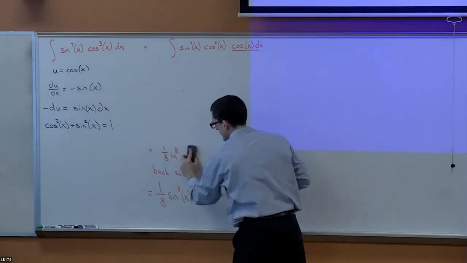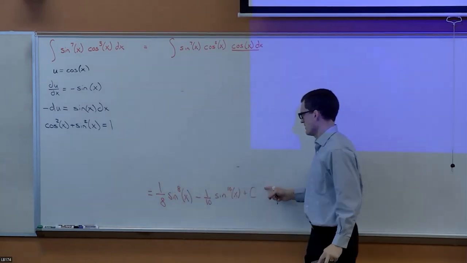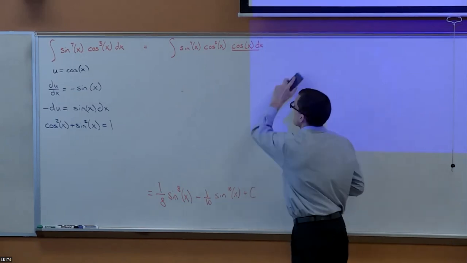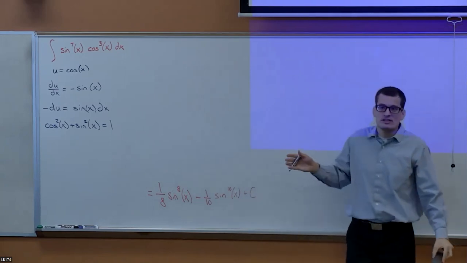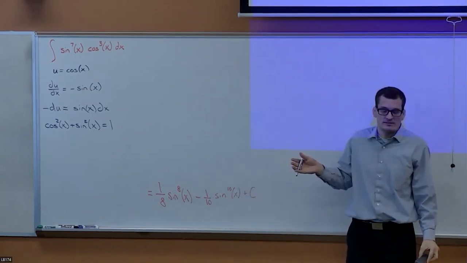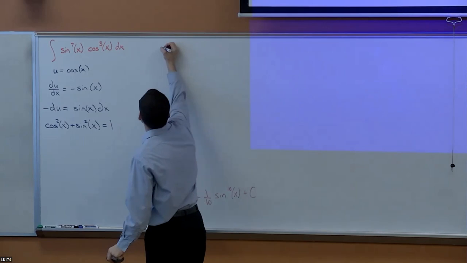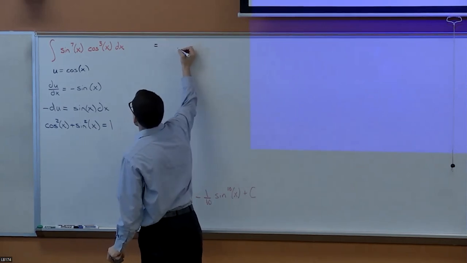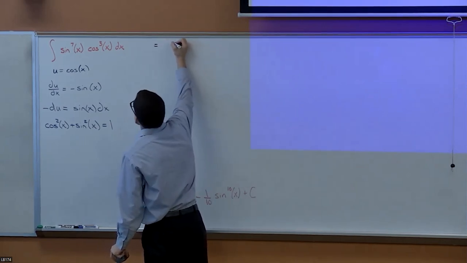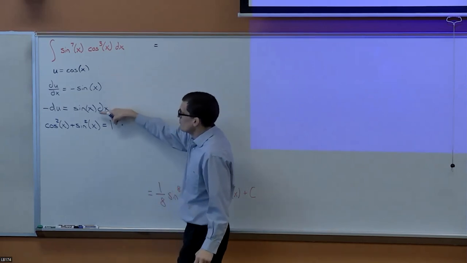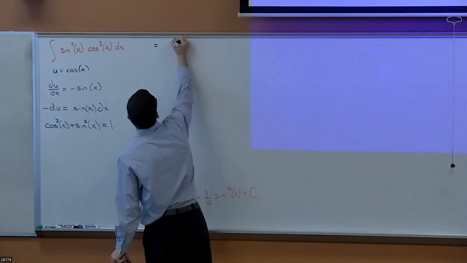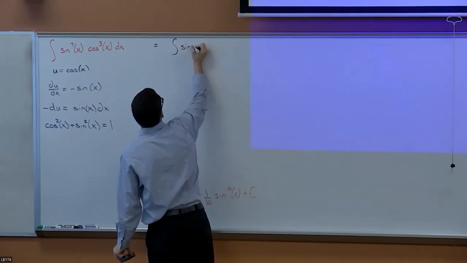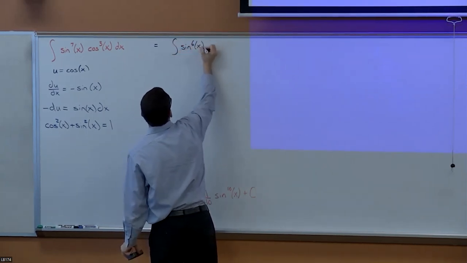All right, so let's say I wanted to do it that way. This is not the way I would have done it. So I would have had to pull a sine x and attach it with the dx over there, giving me a sine to the 6th power.